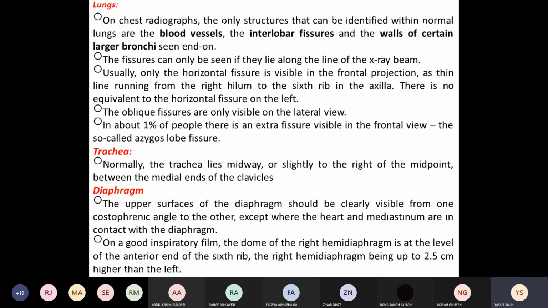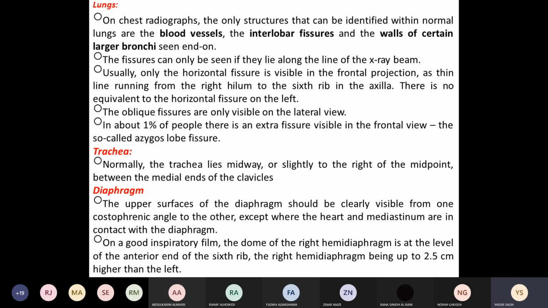Normally it is seen between the medial ends of the clavicles, as a column or tubular structure containing air, with lucency within this tube.